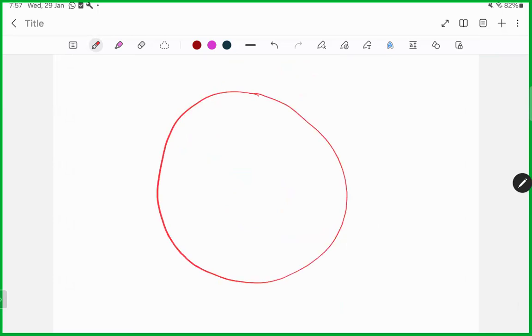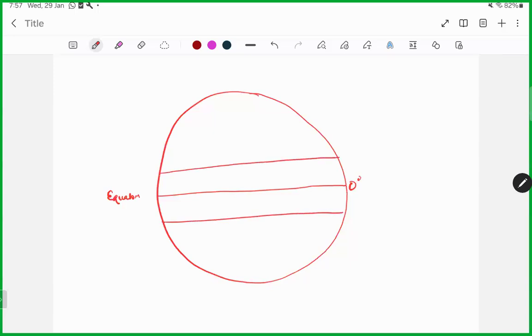So this is the equator. What is the degree of the equator? Zero. This is the Tropic of Cancer, and this is the Tropic of Capricorn.